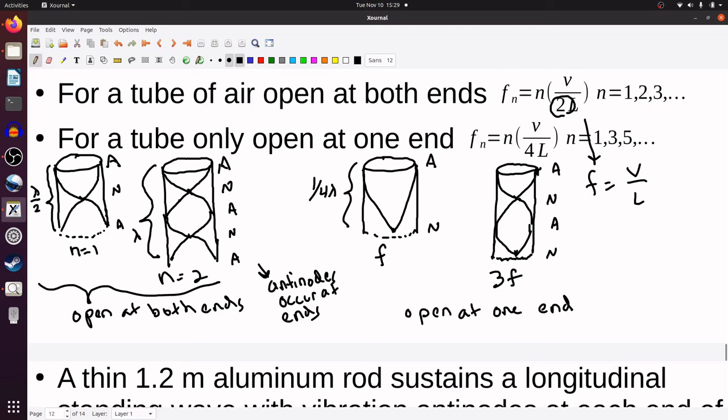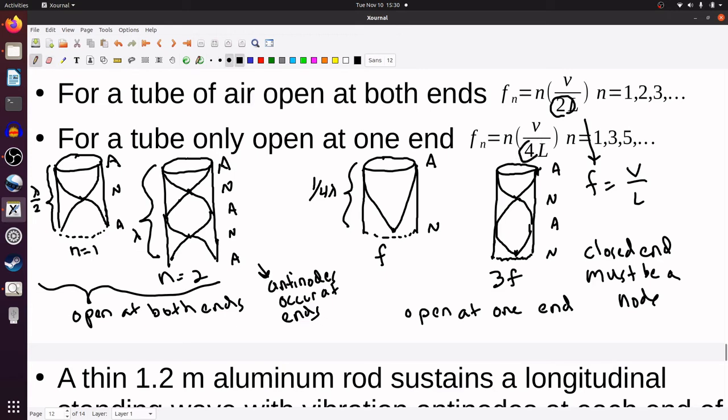These are open at one end. It gets a little bit more complicated there. When it's open at one end, the closed end must be a node. Once again, just kind of a given. So you start with a node, and when you hit that first antinode, it's only going to be 1/4 of a wavelength. So that's why this one, for the frequency, has a factor of V over 4L.